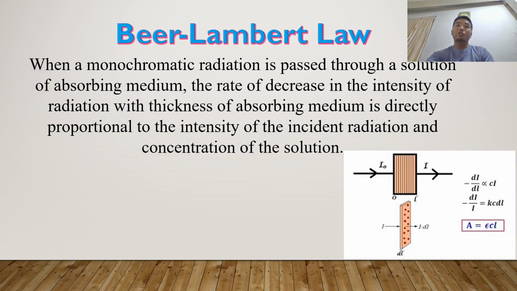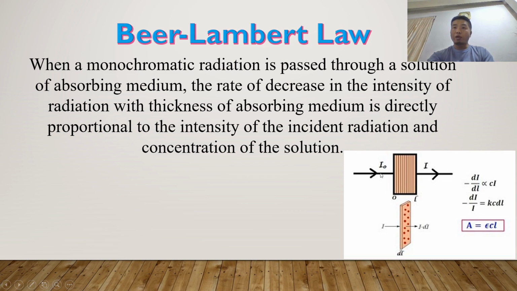And the next one is Beer-Lambert Law. When a monochromatic radiation is passed through a solution of absorbing medium, the rate of decrease in the intensity of radiation with thickness of absorbing medium is directly proportional to the intensity of the incident radiation and concentration of the solution. Here you see this is the medium.